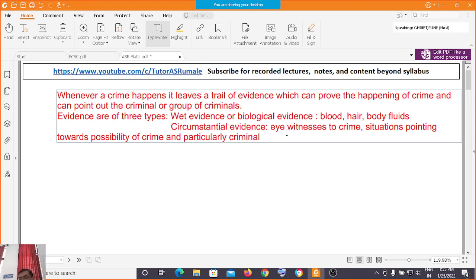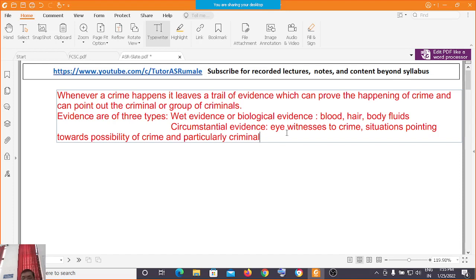Suppose someone committed a crime, but no weight evidence is available, or whatever is available is not sufficient to pin down that criminal. Then certain situations, such as somebody having seen that person with the victim, can be considered circumstantial evidence, and that situation can also pinpoint the criminal.